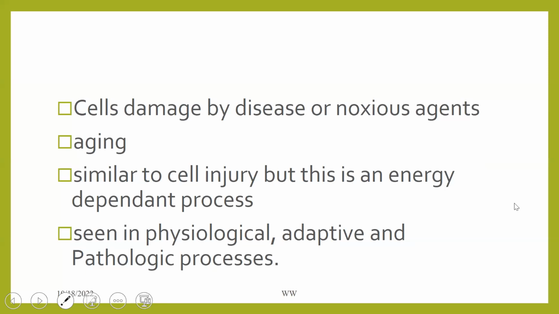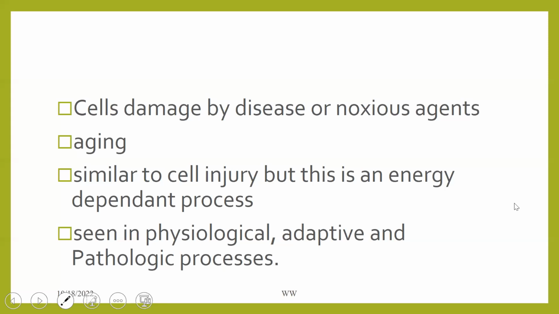It is very similar to cell injury because it is removing cells. So it has similar processes, but it is an energy-dependent process. It is a deliberate process. Injurious process is accidental, disease provoked, but apoptosis is programmed: after this period, this must happen.